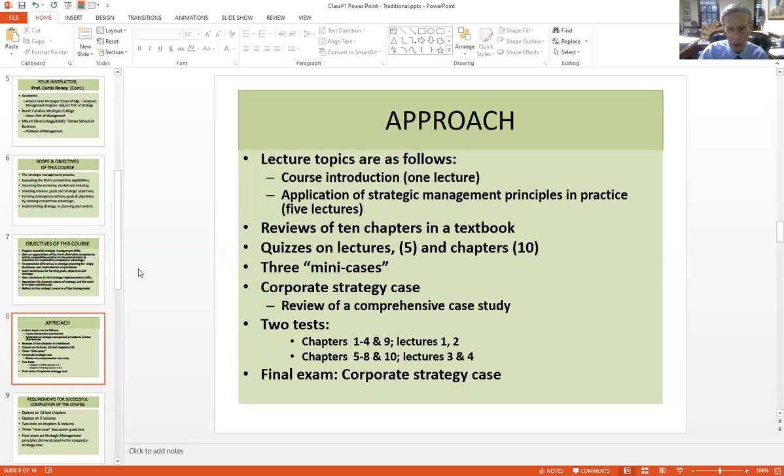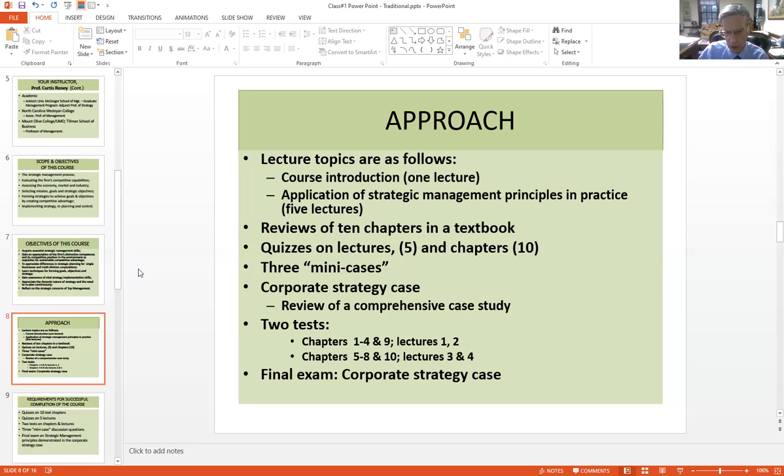Her name is Margaret Peteraf, and she is really a long ball hitter in strategic management. And so some of the material in this textbook reflects her expertise, and I think you will be better off if you can learn from it.